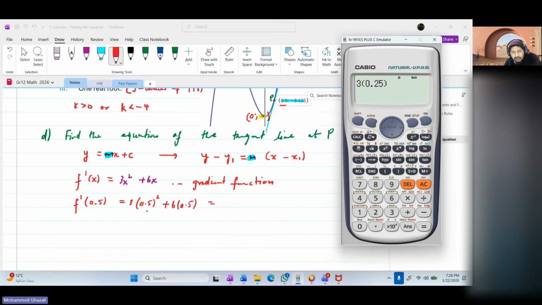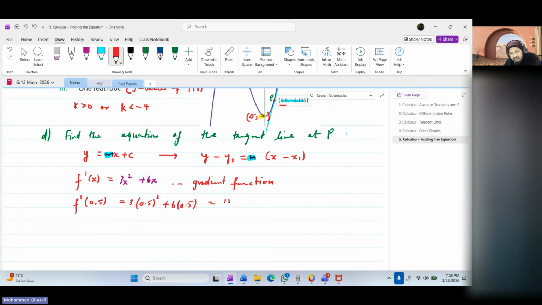I'm not squaring again, I already squared it. 0.5 times 0.5 is 0.25. 6 times half is 3, so plus 3. And I'm getting an answer of 3.75 or 15 over 4. So this is my gradient at x equal to half.